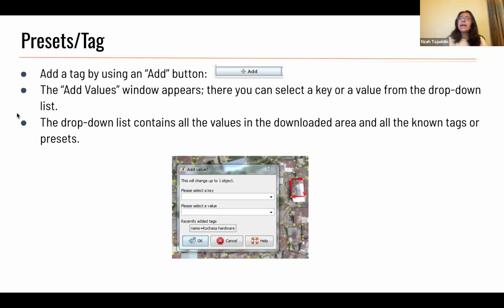For presets and tagging, presets are kind of like a little shortcut in how to tag things. You add a tag by hitting the Add button, and then the Add Values window appears, and then you can select a key or a value from the drop-down list. The drop-down list contains all the values in the downloaded area and all the known tags in the presets.